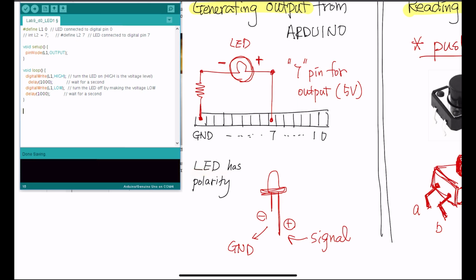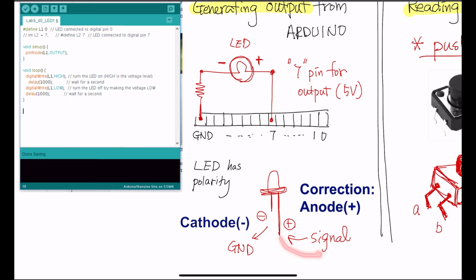one thing to note is that an LED has polarities. So the long leg is the cathode, and that one should be connected to the signal. For example, here, that one should be connected to the signal, and the short one, the anode, needs to be connected to the ground.